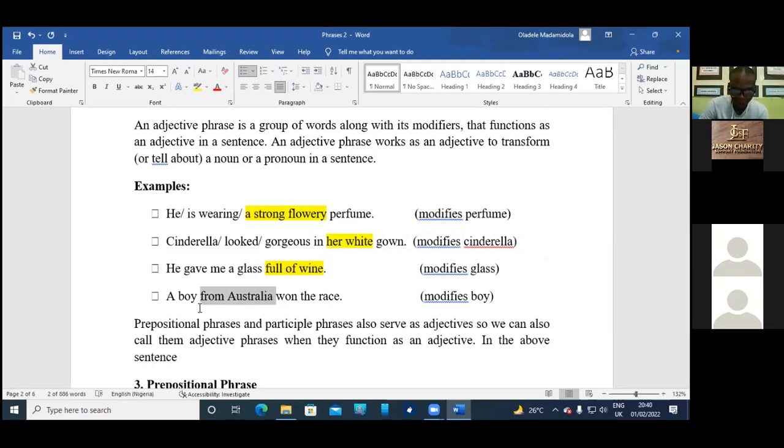From Australia is telling us more about boy, right? And whatever tells us more about the noun in the sentence is an adjective. So that is what makes from Australia the adjective phrase. So we will take it from prepositional phrase in our next class.